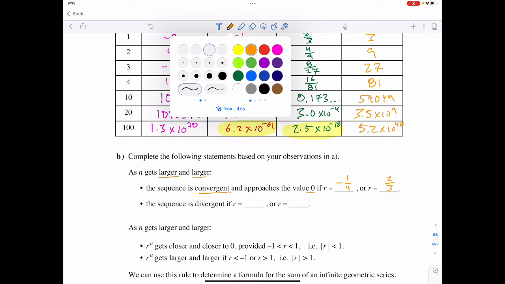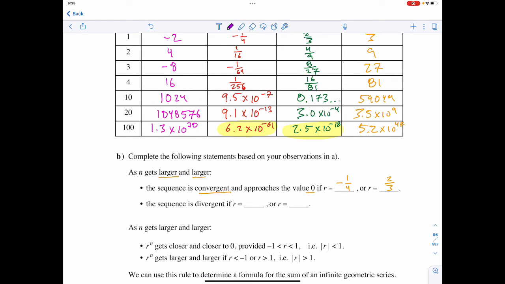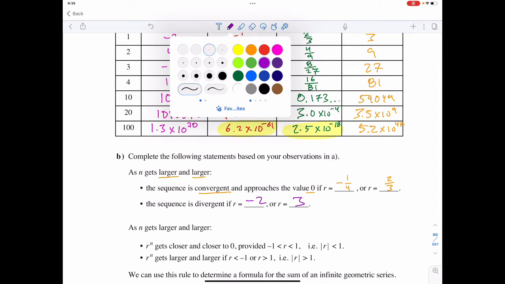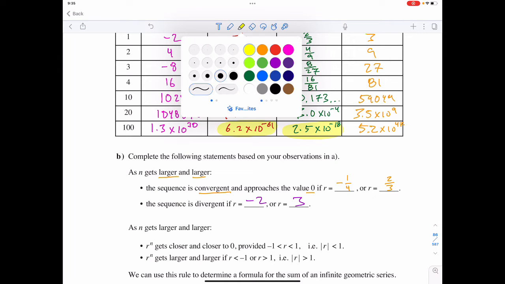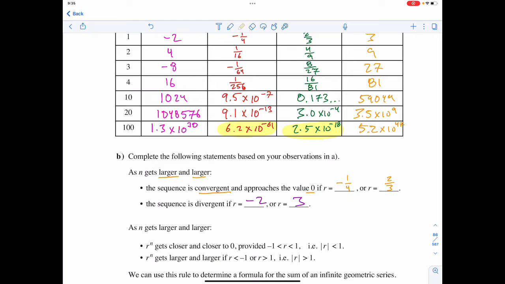The numbers are going to be divergent, like in our example of -2 and 3, where they get further and further away from 0. Those two numbers wound up getting massive, so big that they're almost immeasurable.